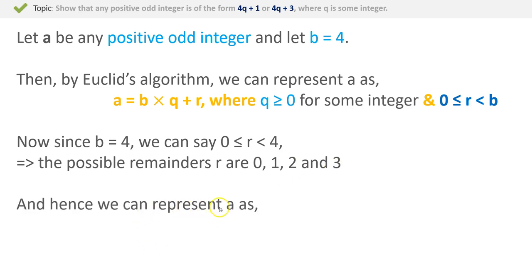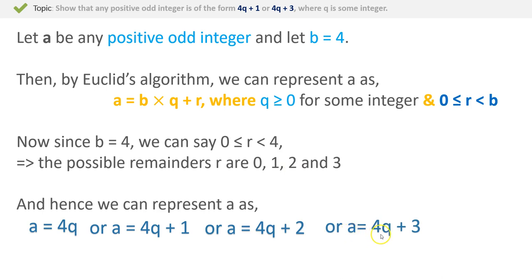And hence we can represent a as 4q, where remainder is 0, or a as 4q plus 1, where remainder is 1, or a can be represented as 4q plus 2, where remainder is 2, or a can be represented as 4q plus 3, where your remainder is 3, where q is the quotient.